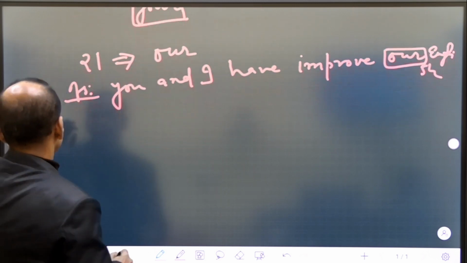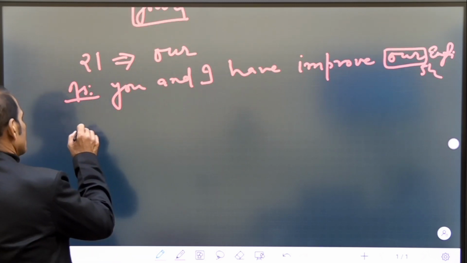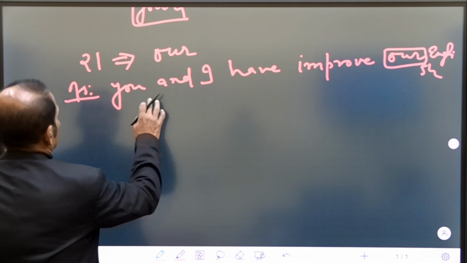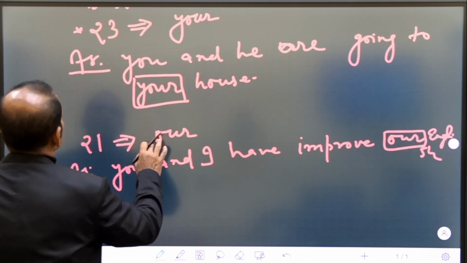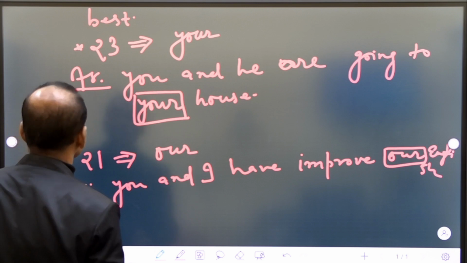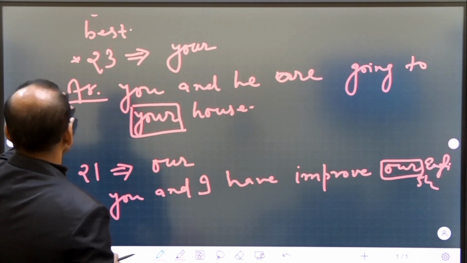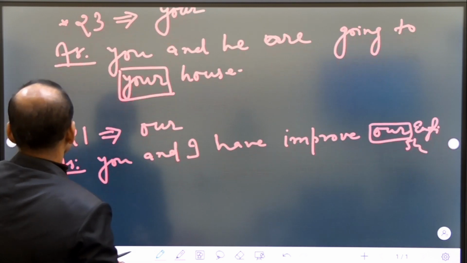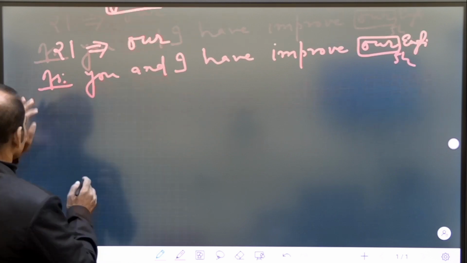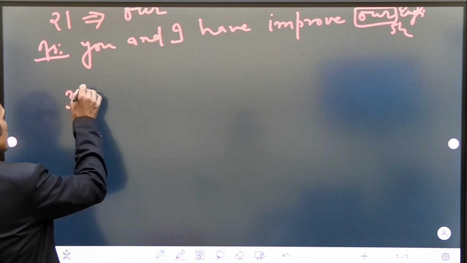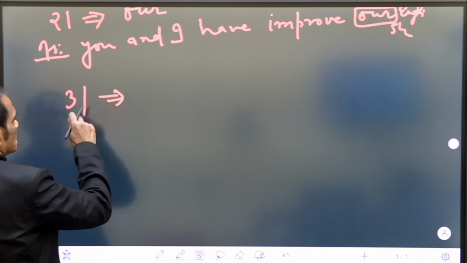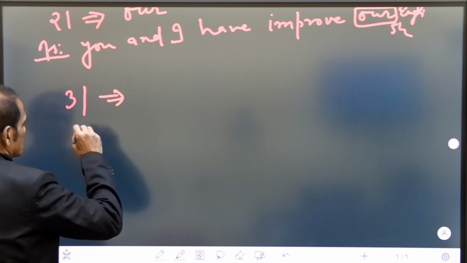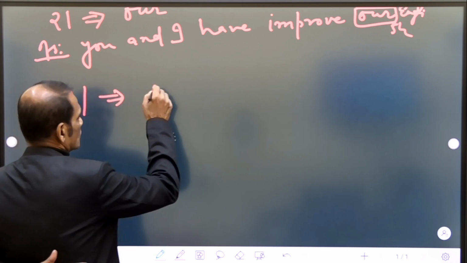Then after 2, 3 and 2, 1, now 3, 1. It means third person and first person. Here should be "are".